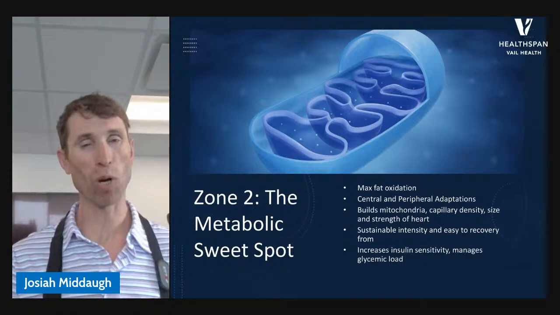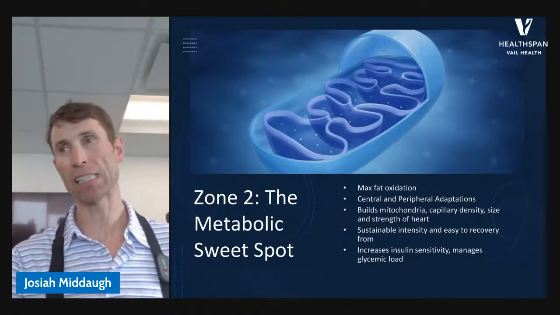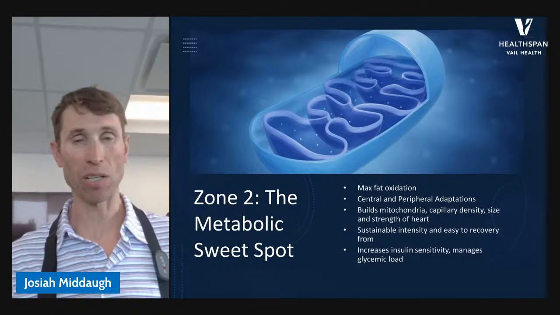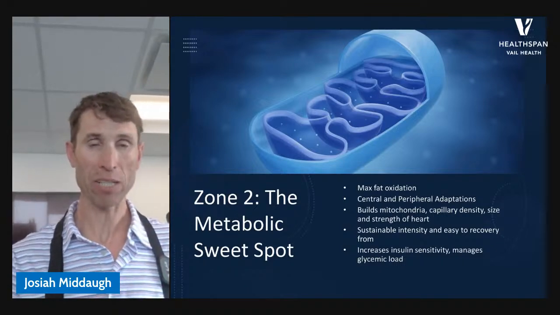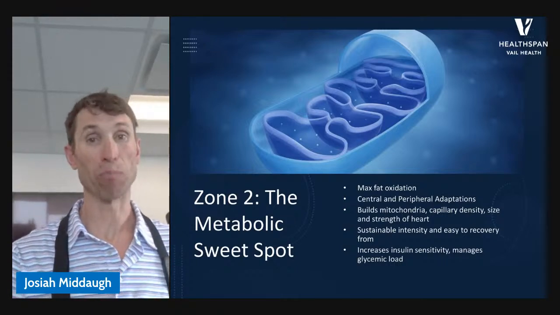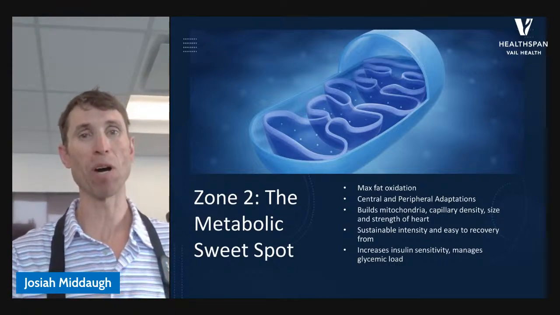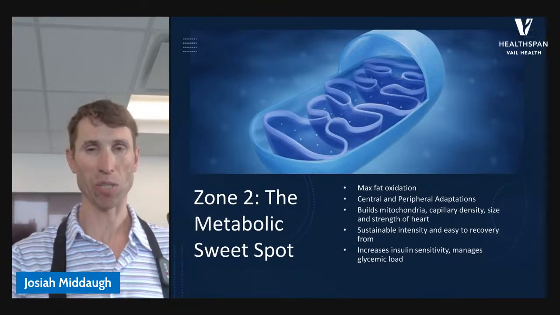So you're doing way more work at lower heart rates, or for any given heart rate, like say Chris is out there in the middle of zone 2 and he's at a heart rate of 135. Over time, he's running a faster speed or he's biking with more watts, burning more calories at the same heart rate. And that's the huge thing that we see in the adaptation, those submax workloads.